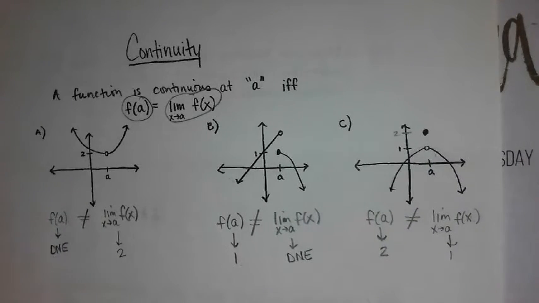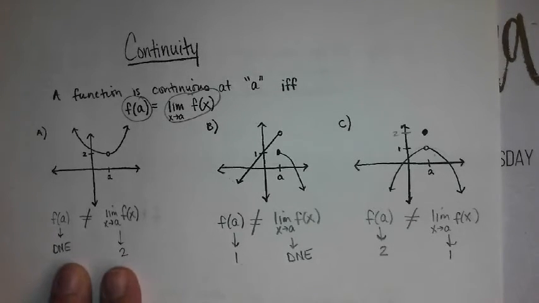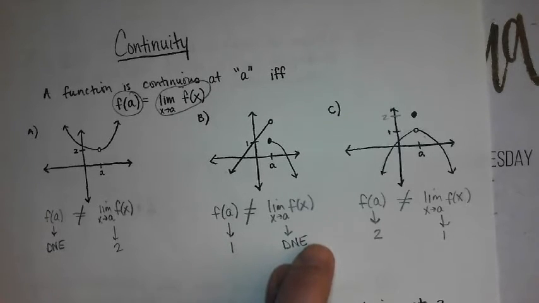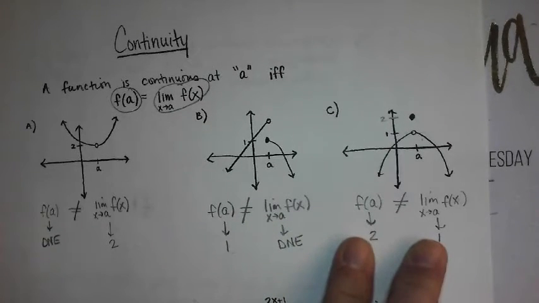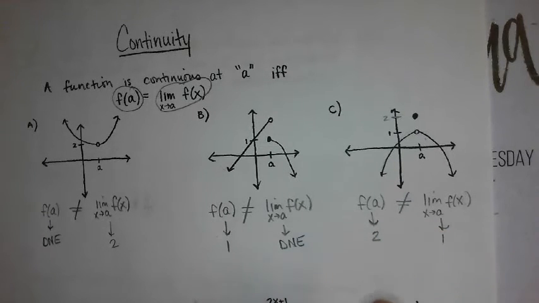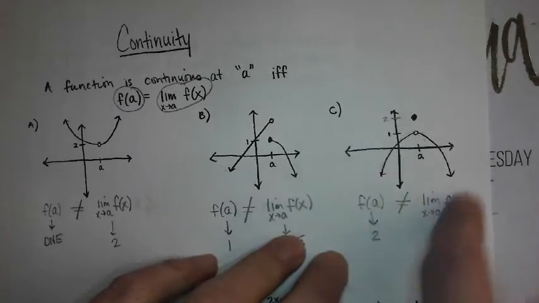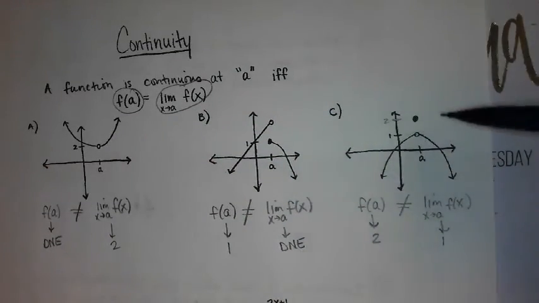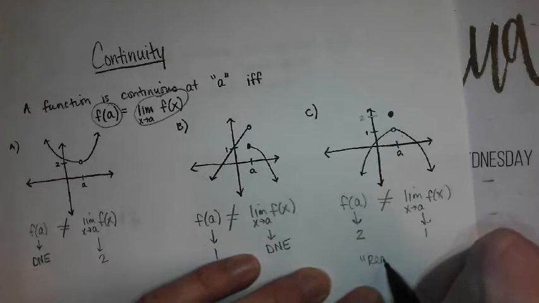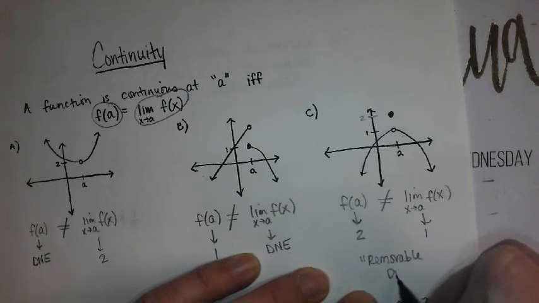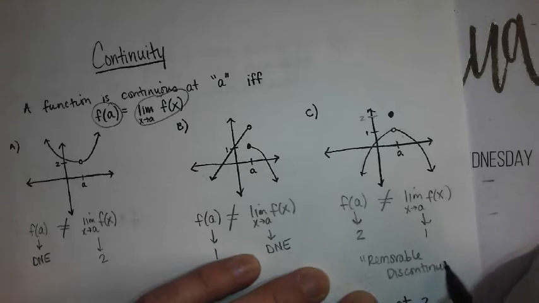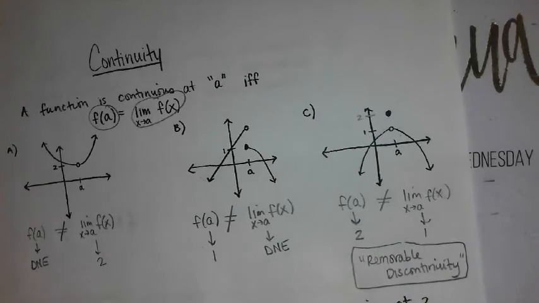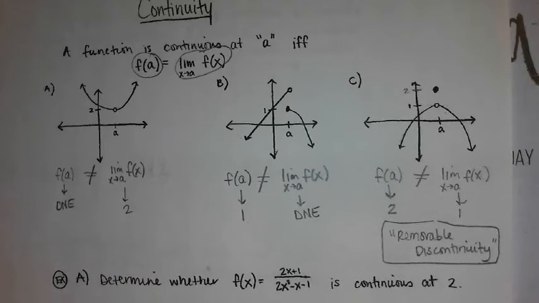Okay? So this one was discontinuous because the function value didn't exist. This one was discontinuous because the limit didn't exist. This one was discontinuous. They both existed, but they weren't the same. In this particular case, and it will make sense when I say it, this is called a removable discontinuity, which is essentially, you could just plug up that hole and that would remove it.